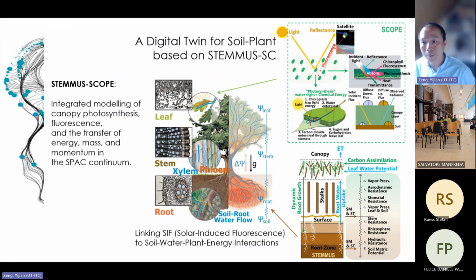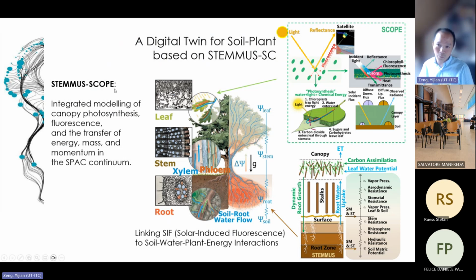Now I will go a little bit into technical details on the process understanding of this soil plant system. We built this soil plant digital twin using the STEMMUS-SCOPE model. STEMMUS-SCOPE stands for a vegetation part and a soil part.